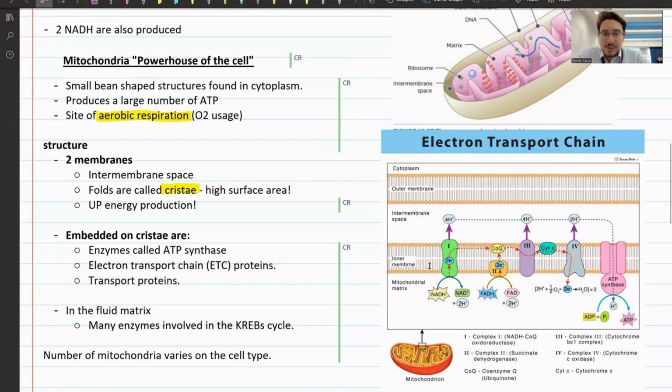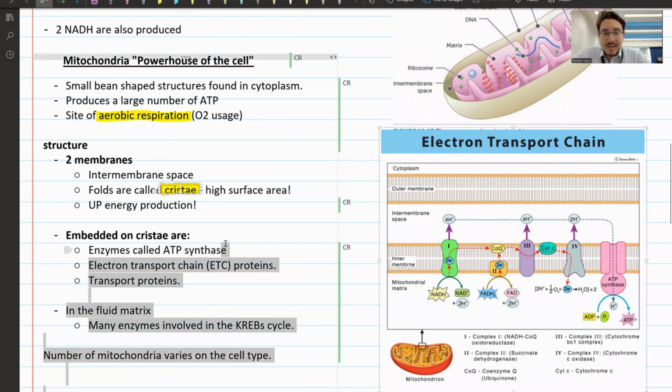What do you see exactly? Embedded on the inner membrane are a bunch of transport proteins, channel proteins, signaling proteins, and a complex of proteins, ultimately to produce ATP. One of the more important structures that you need to know is an enzyme called ATP synthase.